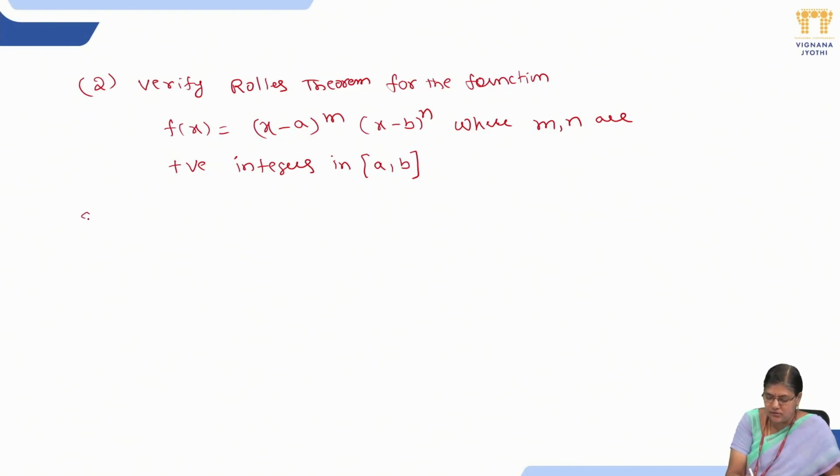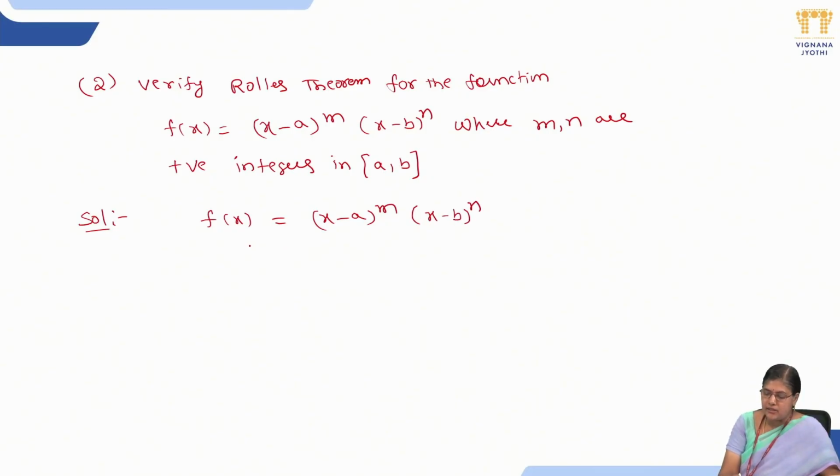So here the given function f of x is x minus a whole power m into x minus b whole power n. Clearly f of x represents a polynomial function of m plus nth degree.